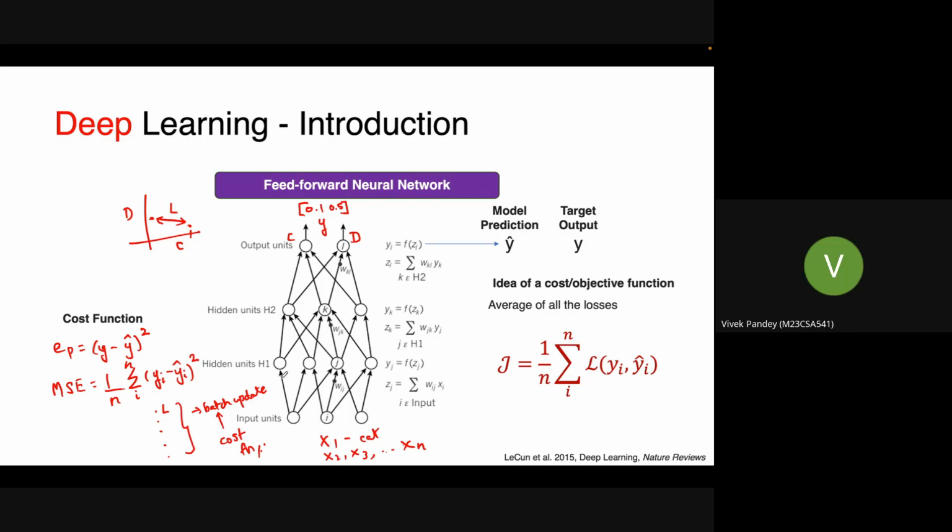Can you explain again what you said about batch update? So batch update is when you take many such images and feed them to the network, and you get a loss at every point: L1, L2, L3. Those L1, L2, L3 are nothing but these individual ones.